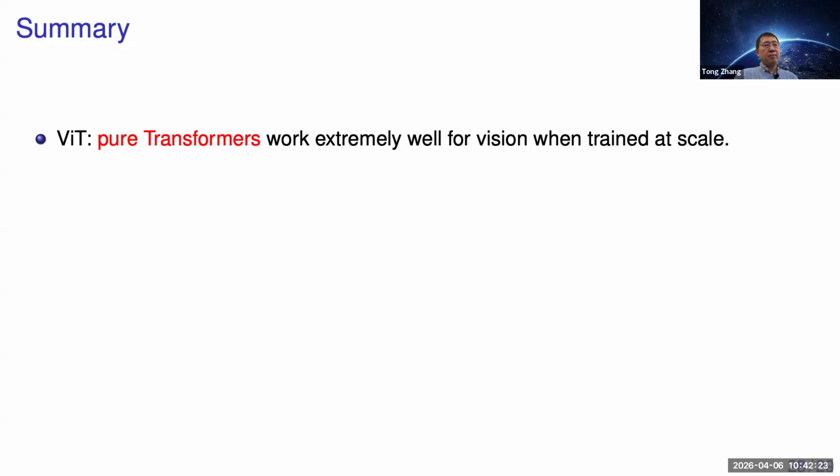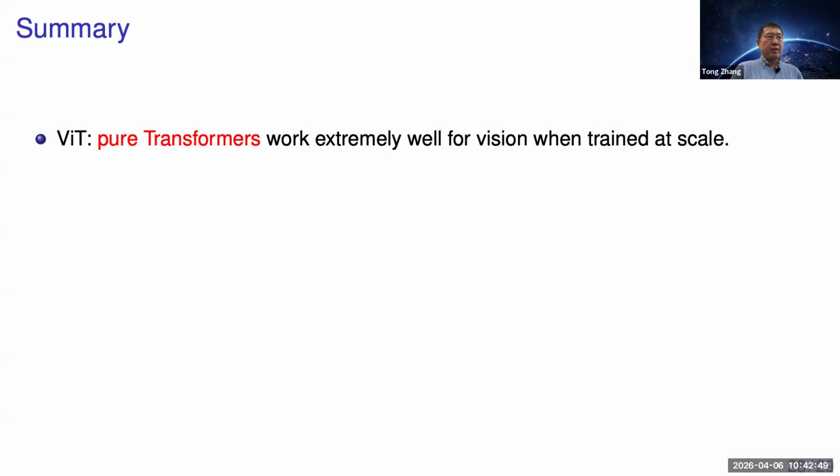So this is the ViT. It's also a simple modification of the transformer, replacing the discrete token embedding with a linear projection. Embedding itself is also a linear projection, so this one is a linear projection of the image patch. The patch becomes the token. That's the only thing you need to remember.